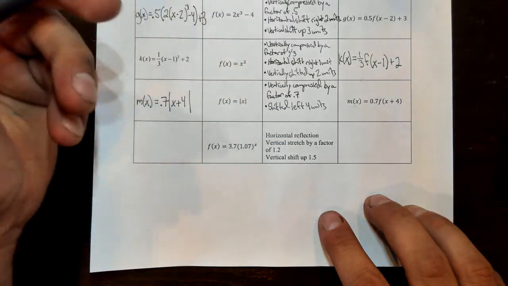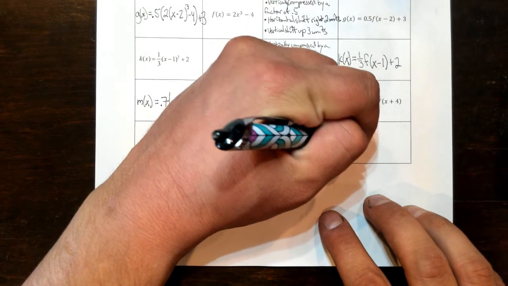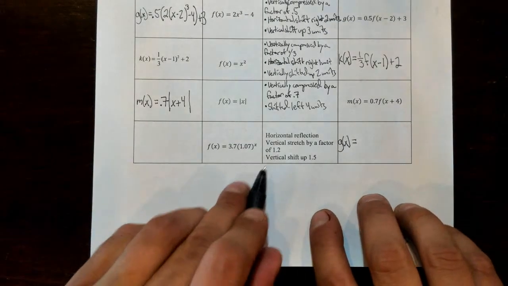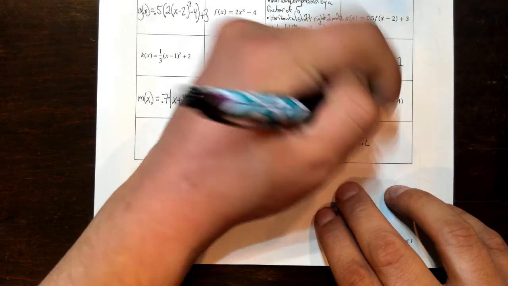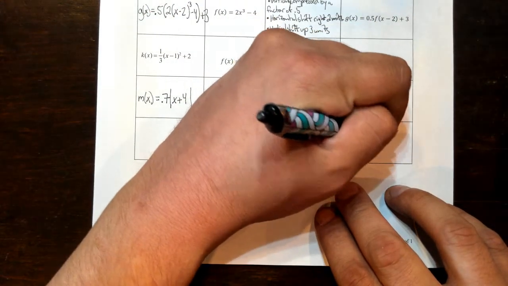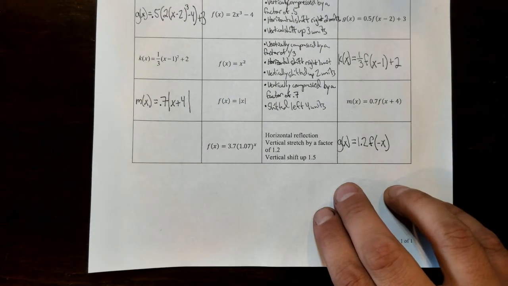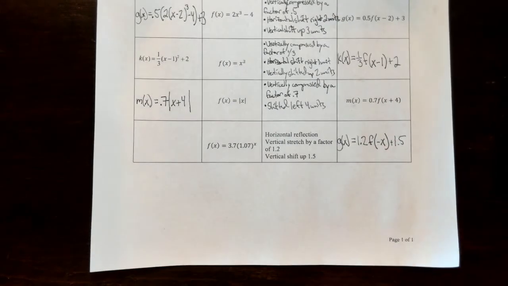So we're going to have our function, let's just call it g of x. It's not given to us. g of x is going to be 1.2 times f of negative x, because the stretch is by a factor of 1.2 and the horizontal reflection is a negative x here, and then plus 1.5.